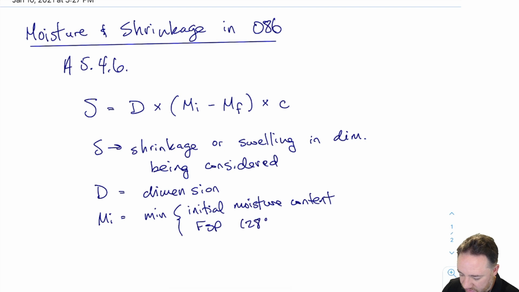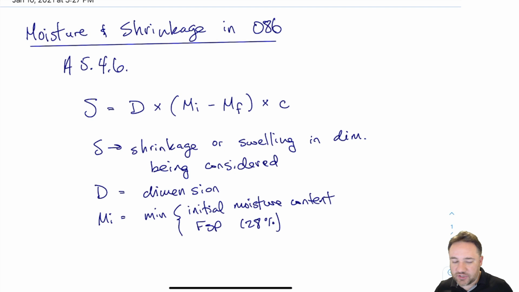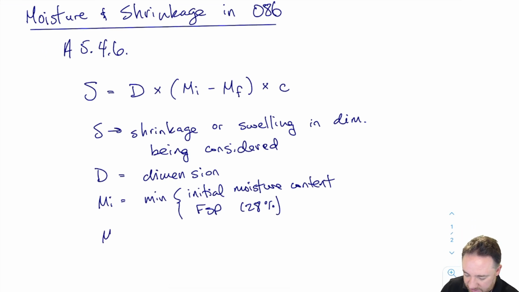Beyond the fiber saturation point, there is no shrinkage or swelling. So all of these are given in the context of a shrinkage. So Mi is basically the initial, Mf is the final moisture content, but you'd have to flip these in order to consider swelling.